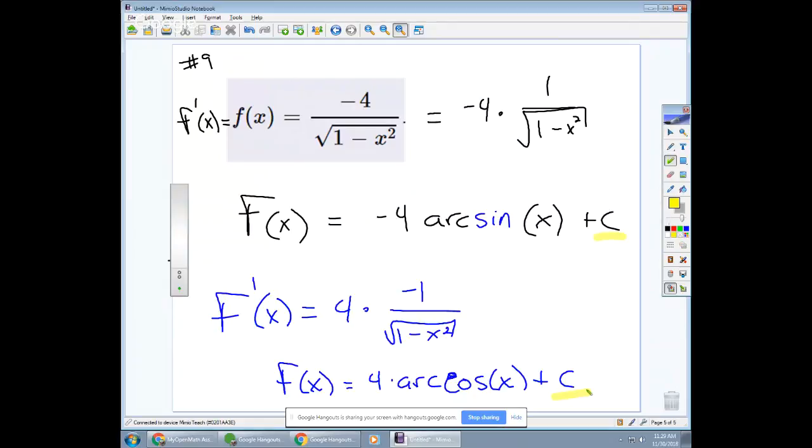So those c's aren't going to be the same. There are two different antiderivatives here, and if you graph these two, you'll see that one's just shifted up or down compared to the other.